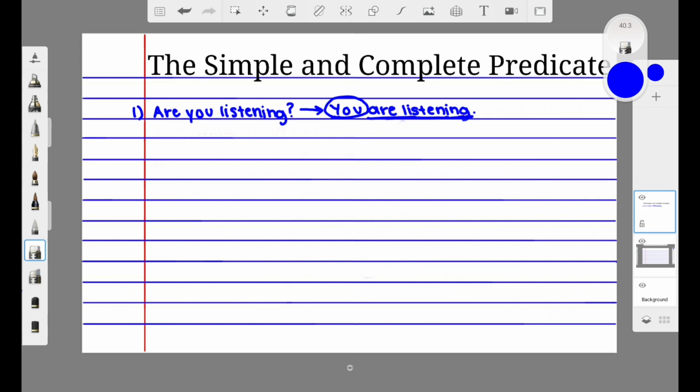Now, when we talk about a sentence like this, or the one that we first looked at that was just Melanie draws, when nothing else adds to the verb or the verb phrase, then that phrase is both the simple and complete predicate. So are listening is your simple predicate and your complete predicate.